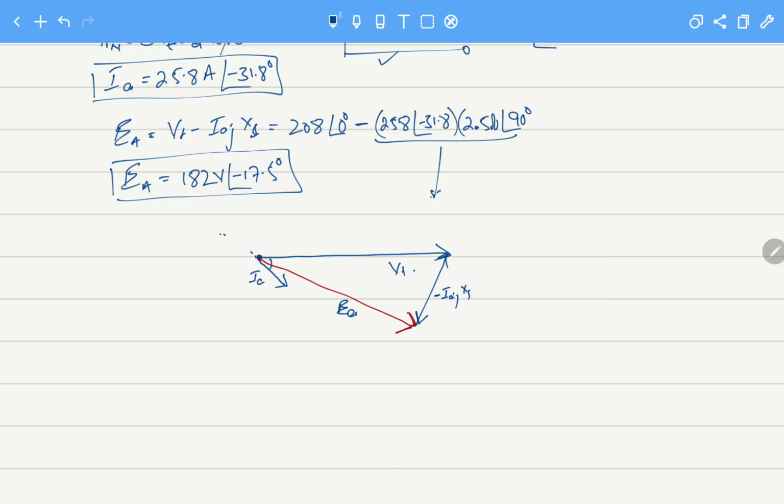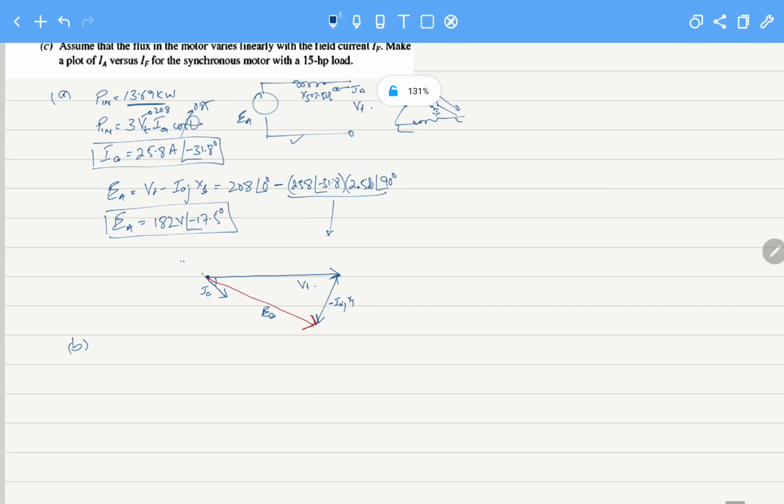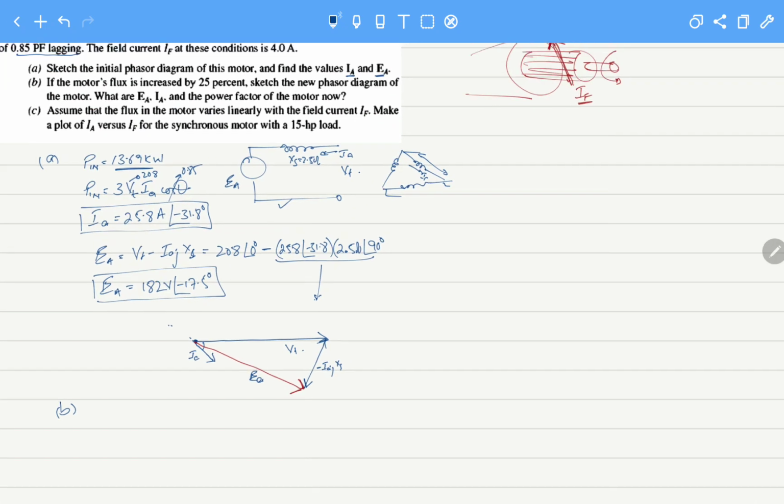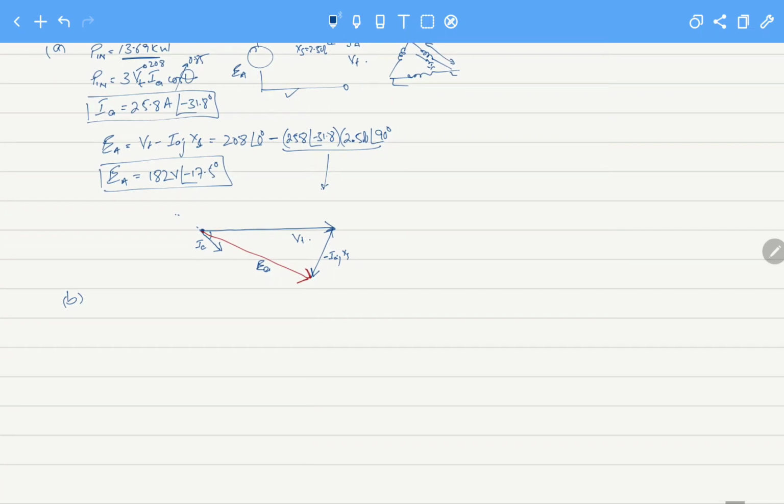So this was the phasor, and then let's look at what's required in part B. If the motor's flux is increased by 25%, sketch the new phasor diagram of the motor and calculate these values.